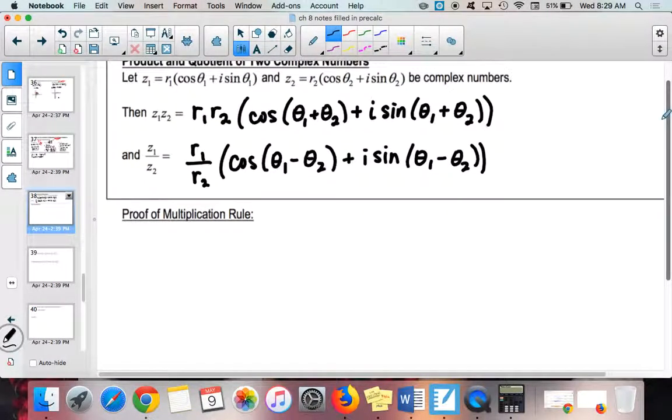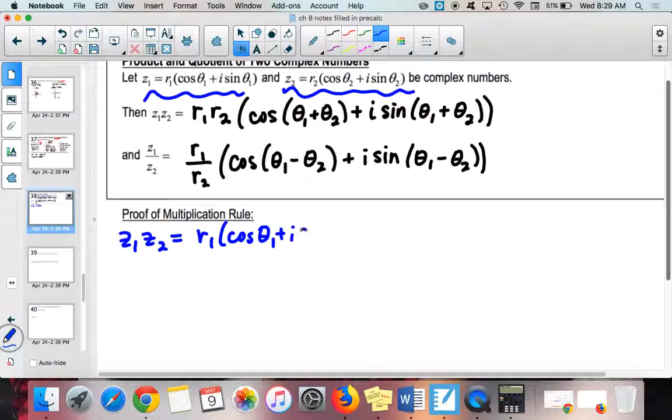All right, so z1 is all of this, and z2 is all of this. If I multiply z1 times z2, I think you can see that we would take r1 times cosine of theta 1 plus i sine of theta 1, and multiply that by r2 times cosine of theta 2 plus i sine of theta 2.